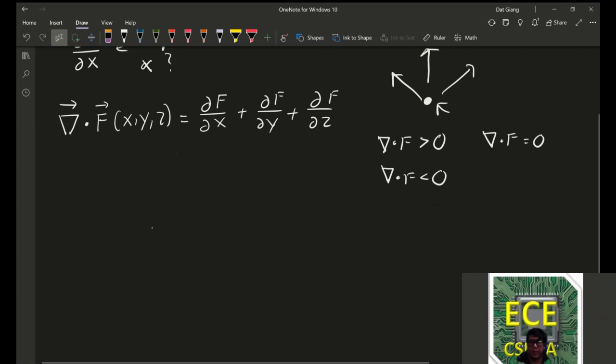Lastly, I want to then talk about curl. Curl is defined similarly to divergence, except we use this symbol to denote a cross product between the two. Now, a cross product between two vectors gives us another vector. And in this case, this is given by the determinant of the following.